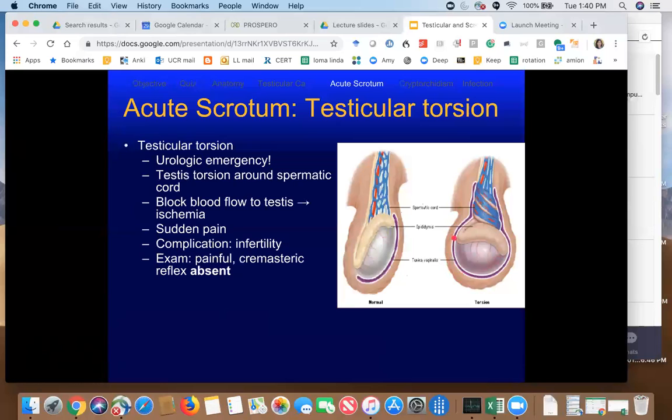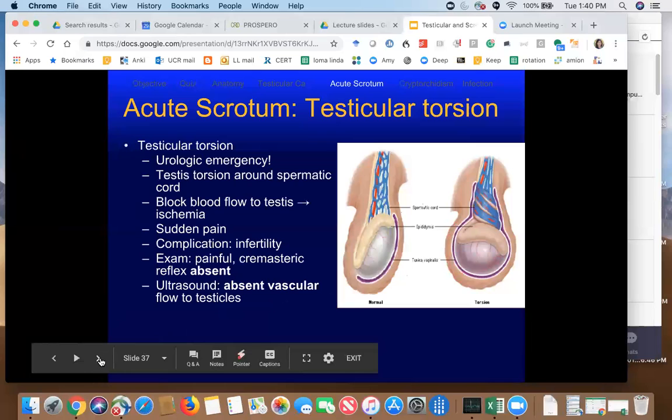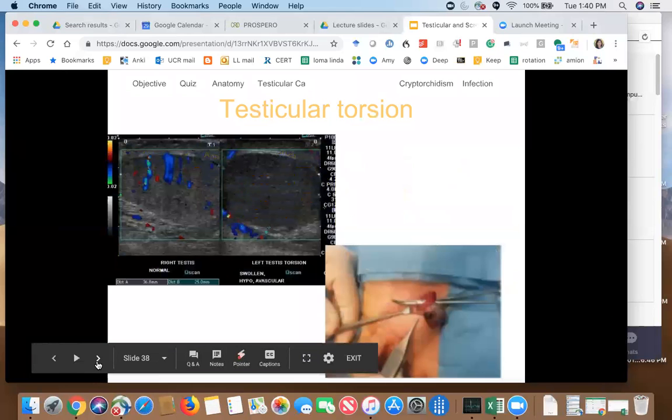That is absent with torsion because the nerves are also damaged. In infection, those are spared, so the cremasteric reflex is preserved. And on ultrasound, you get absent flow. We want to try to salvage it within 6 hours for the best outcomes.